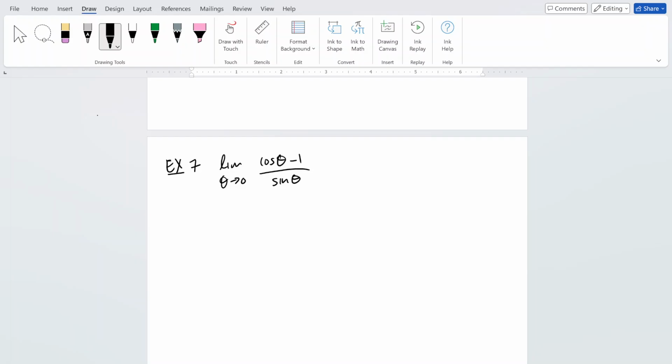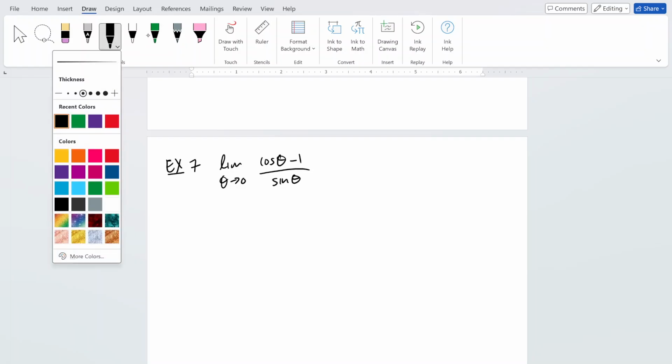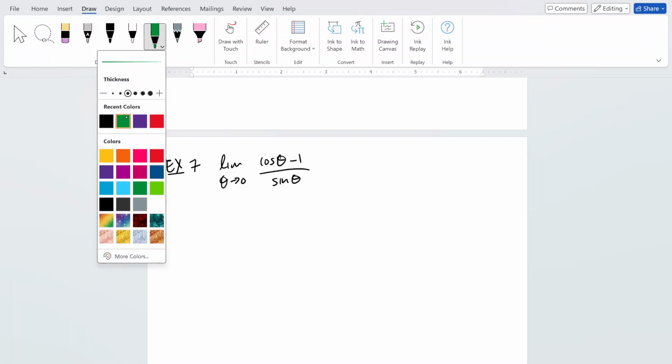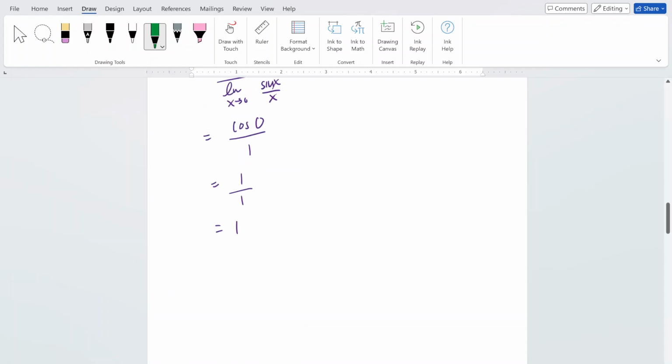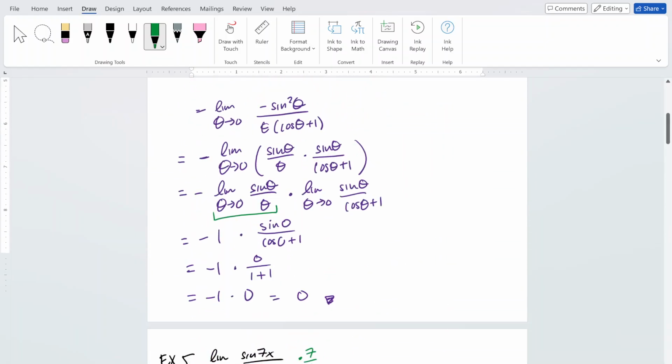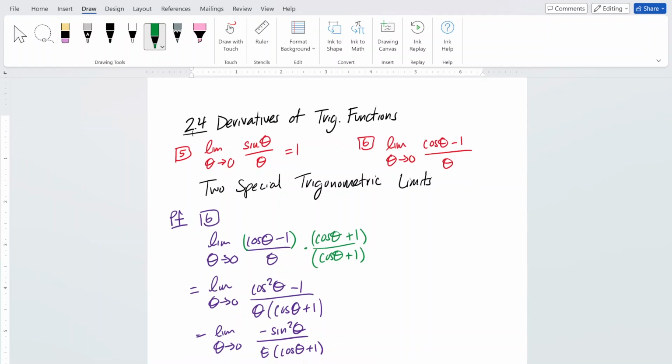So let's do the limit as theta goes to 0 of cosine of theta minus 1 over sine of theta. And then to make it match any of these, notice how the top is already set up: cosine theta minus 1 matches essentially the number 6. All I need is divided by theta.